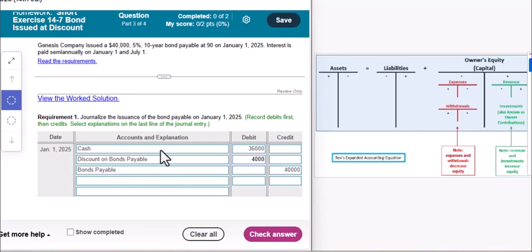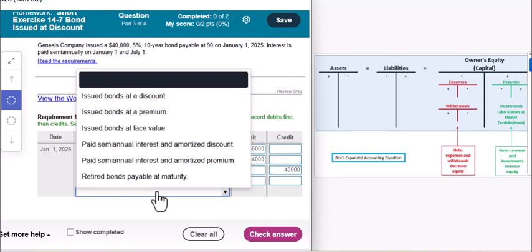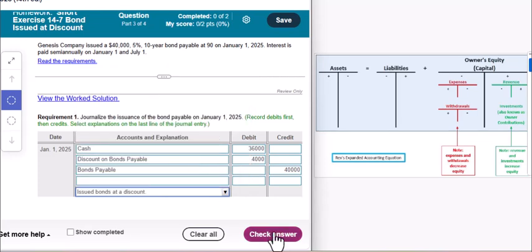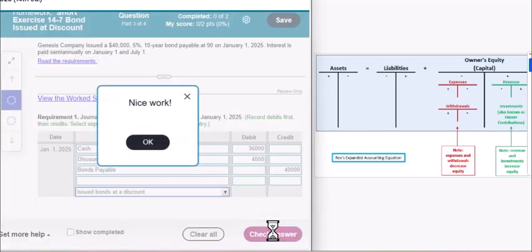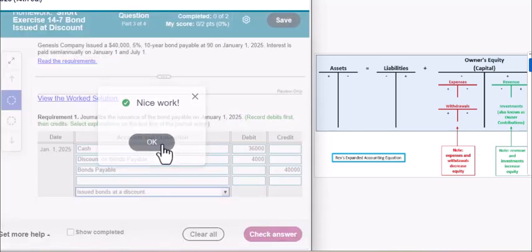Well, that's because the price we got was less than 100%, this 90 right here. So now that our transaction here is balanced, debits equal credits, we'll go ahead and input the explanation here. So we issued bonds at a discount. Go ahead and check our answer. Okay, nice work.